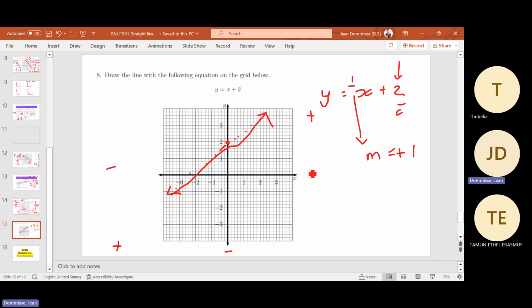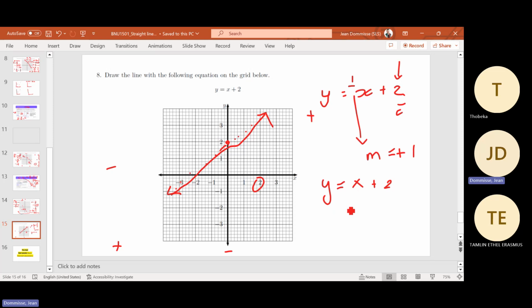But what we can do is to say, okay, we've got this is your formula. So let's put in a x of 2. And if we put that in, we can calculate what your y is.